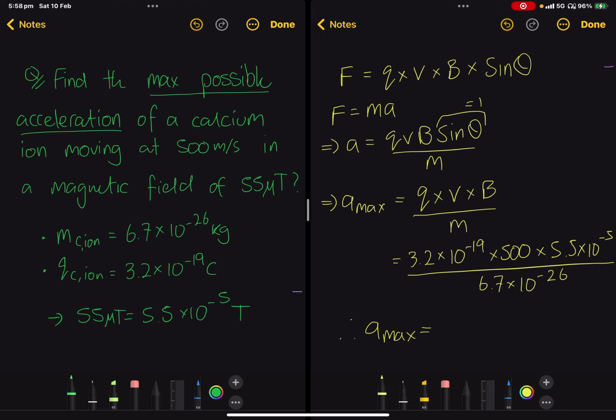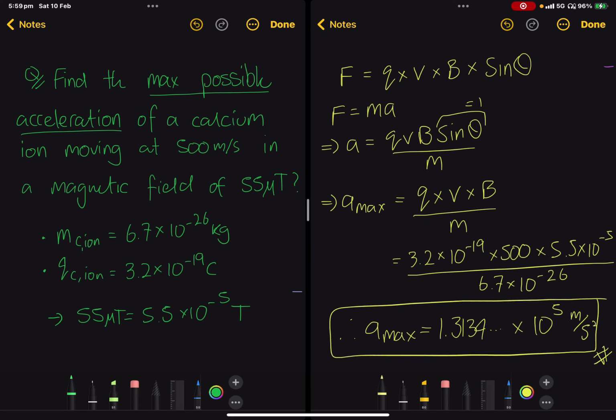Let me put this in my calculator. 3.2 times 10 to the minus 19 times 500 times 5.5 times 10 to the minus 5, all divided by 6.7 times 10 to the minus 26. My calculator tells me this is 1.3134... times 10 to the 5, and this will be in meters per second squared. And this is the answer that we're after in this case.